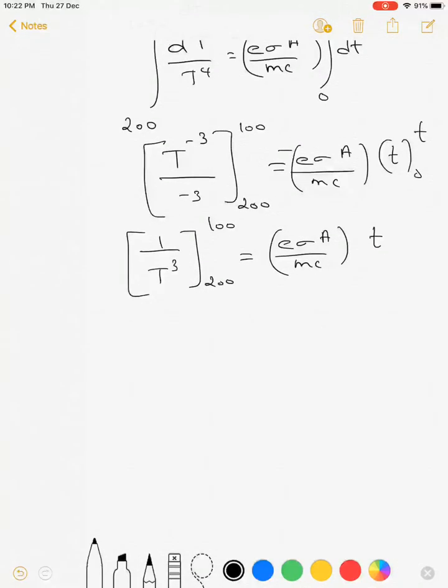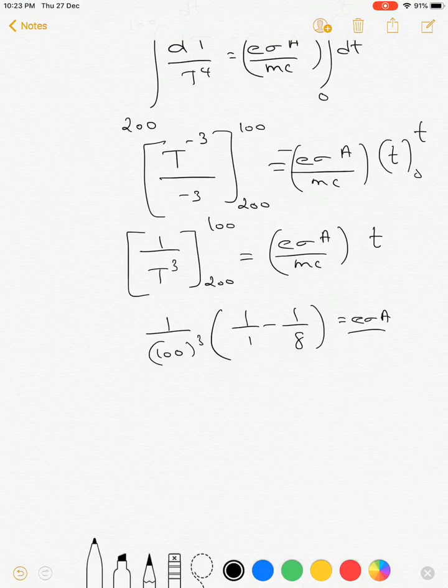So we can take it as 1 divided by 100 cubed into 1 minus 1 divided by 8, equal to E sigma A divided by m c into t.